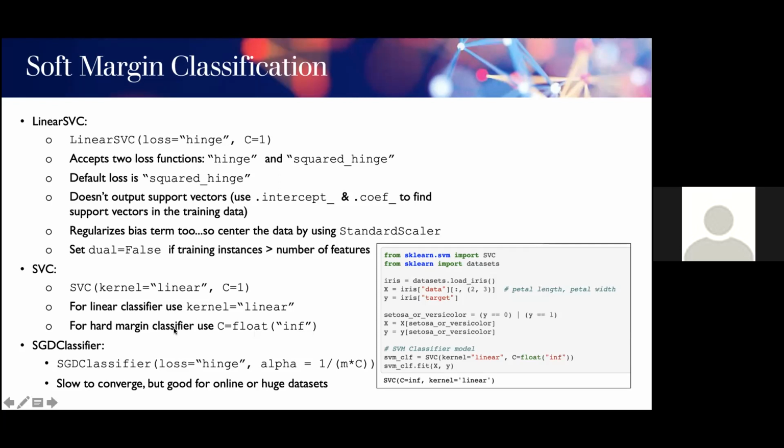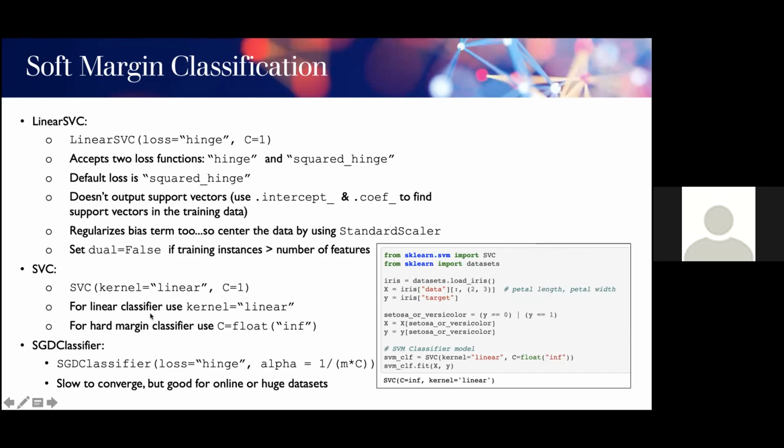So the objective function better not make any violations. It gives you a very hard margin classifier with no margin violations at all. I thought that is interesting to point out. There are a bunch of kernels. We don't need to know what kernel means at this point, but we will get into that.